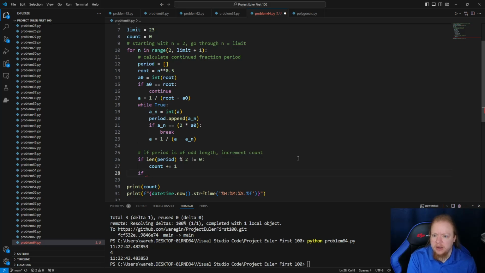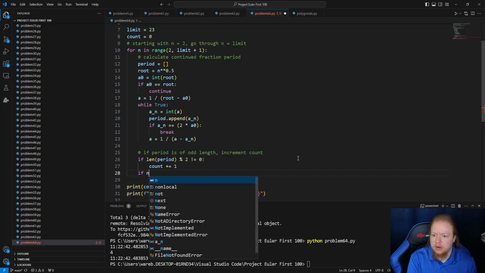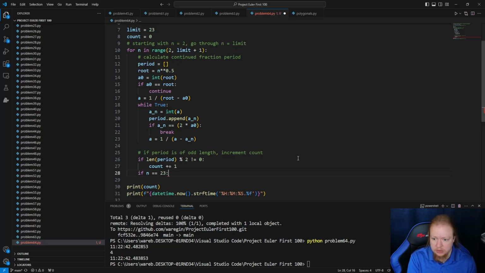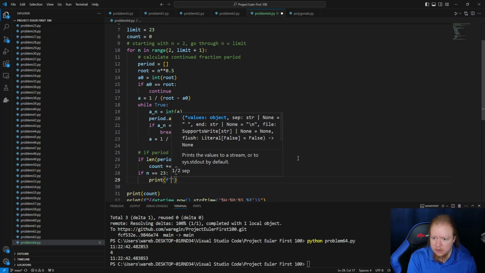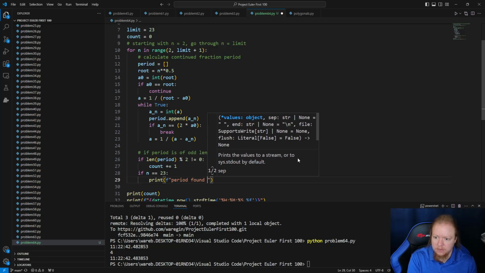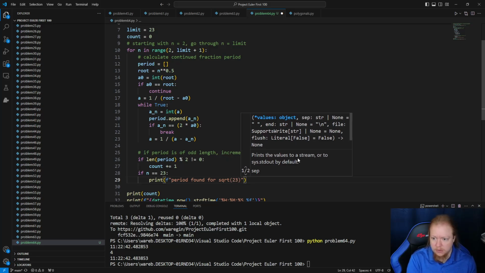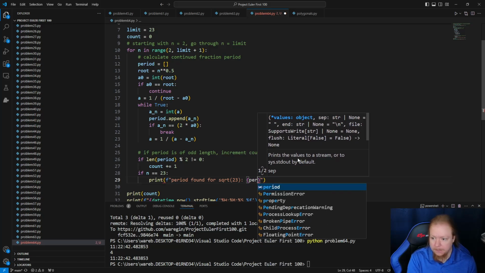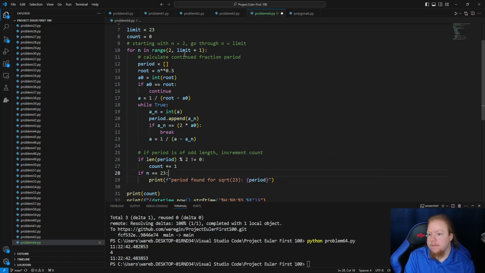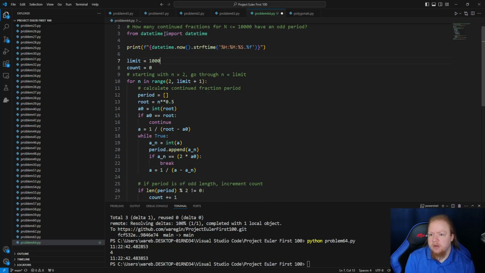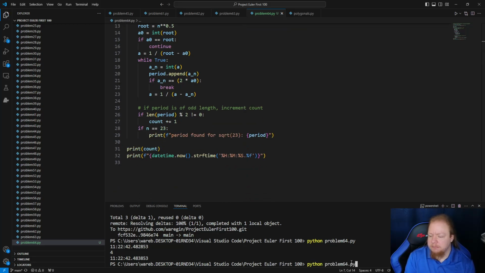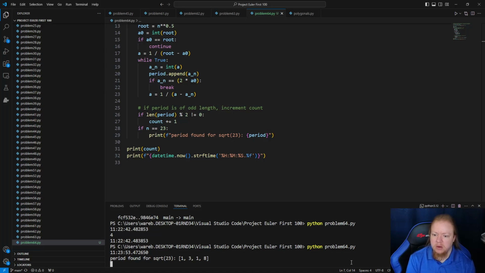I'm going to just say if n equals 23, print pound 4. Let's go ahead and up this to the 10,000. It will not take very long to run whatsoever. Alright. I don't think. Maybe it will.